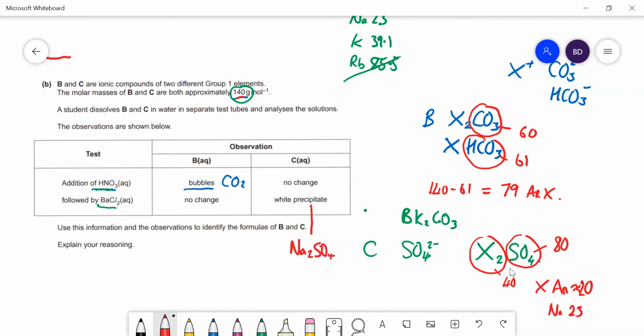Just to check, the Mr of sodium sulfate: 2 times 23, 46, plus 32 for the sulfur, plus 64, 142. Mr is 142. That's about right. It says it's about 140. Okay, so there's our answers then: potassium carbonate and sodium sulfate.